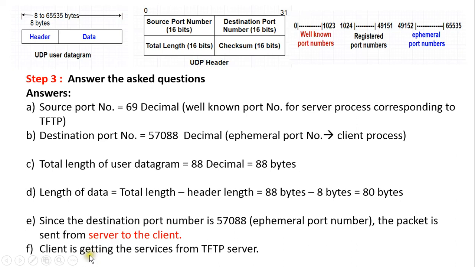So client process is getting the services from TFTP server here, as the client determined over here is having the ephemeral port number. So destination machine is having the client process with ephemeral port number, and that client process is getting services from the TFTP server. So this completes the example.